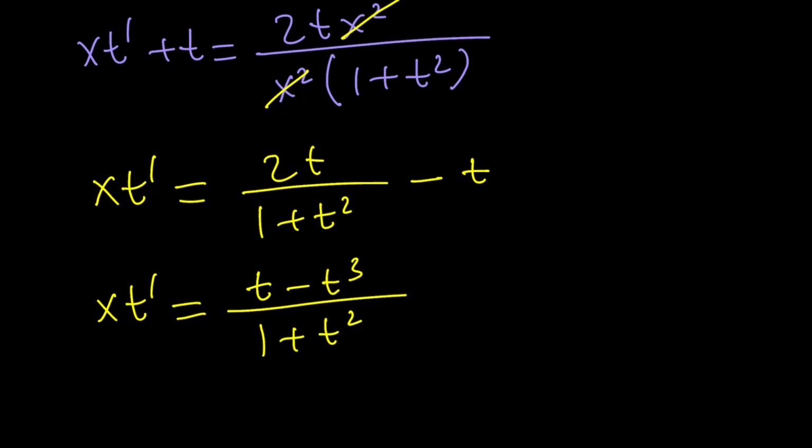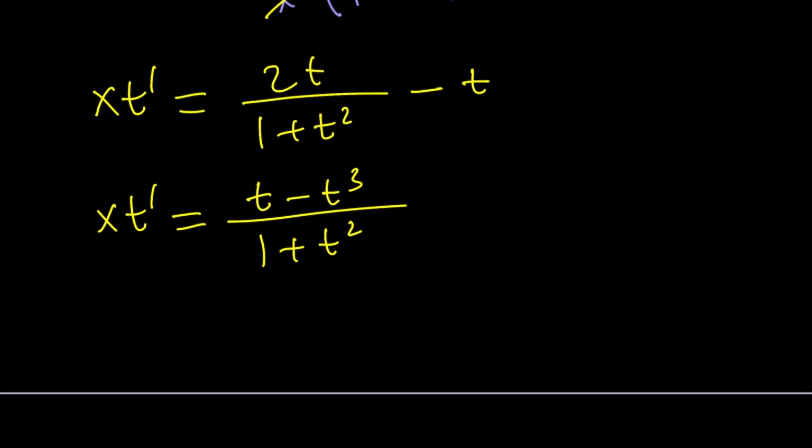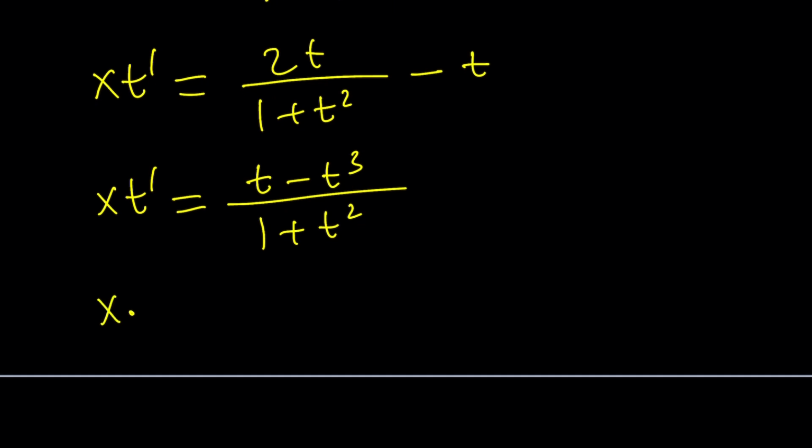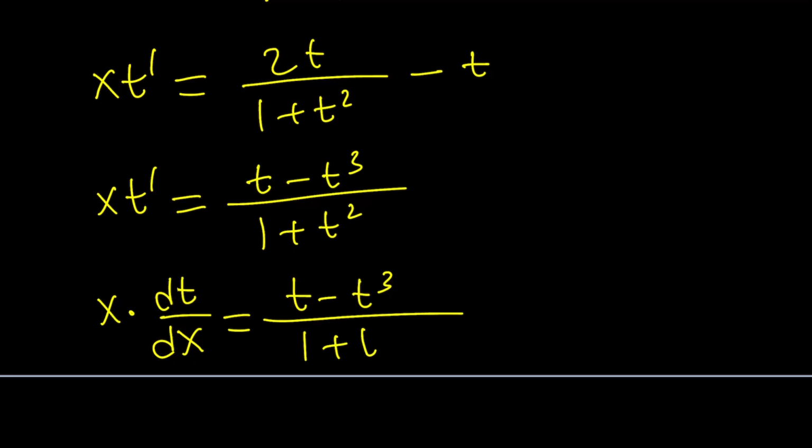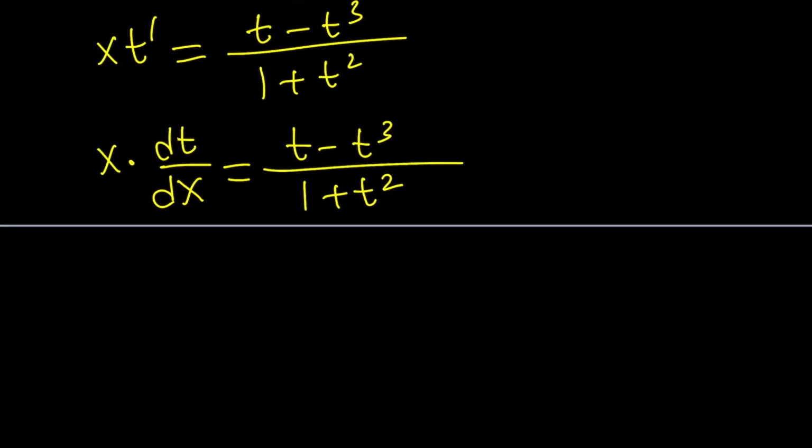Awesome. Now what am I going to do at this point? I'm going to write this as a separable differential equation. So let me replace t prime with dt over dx. Okay, and then the right-hand side just stays the same. It's just a function of t for now, right? And t is a function of x. Anyways, so let's separate the variables.